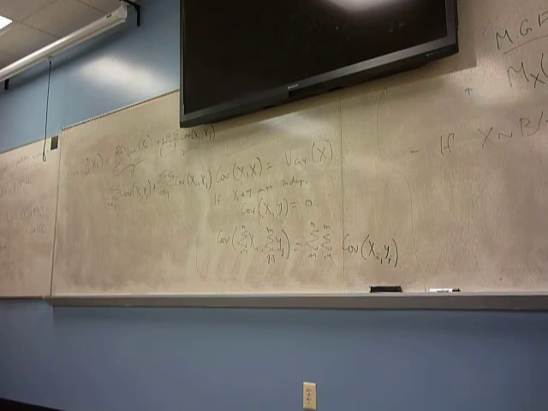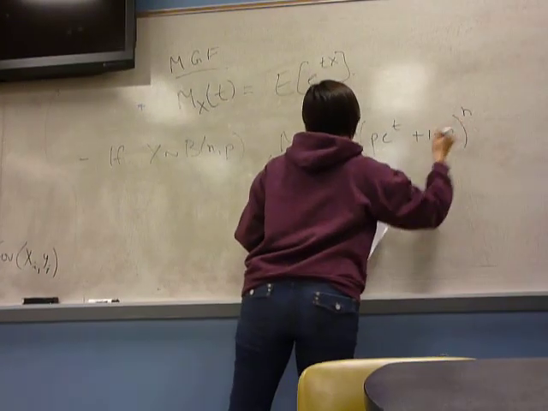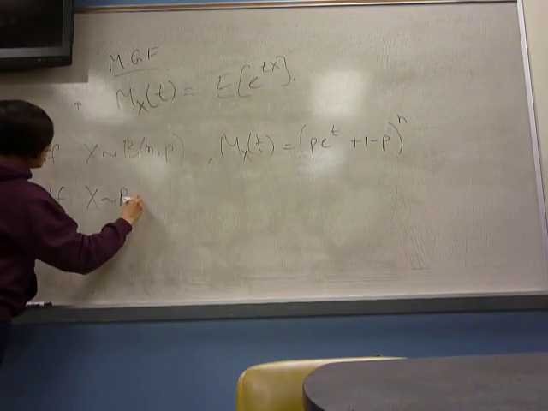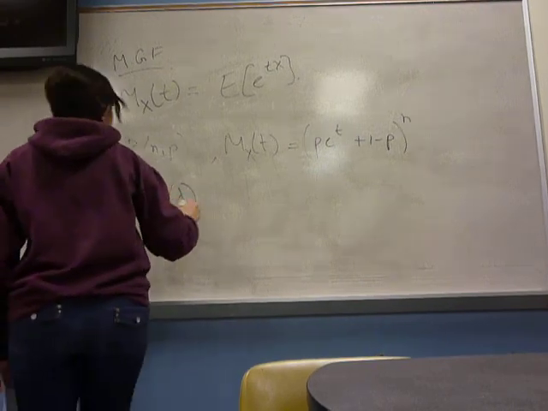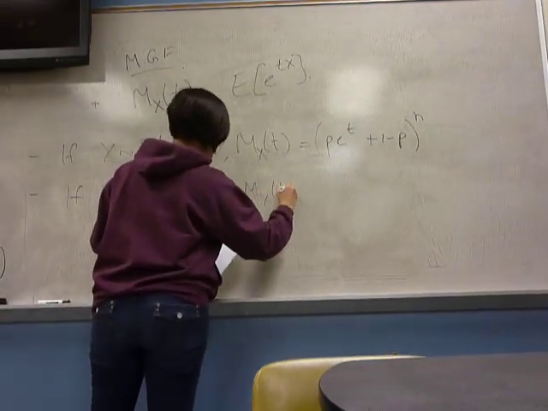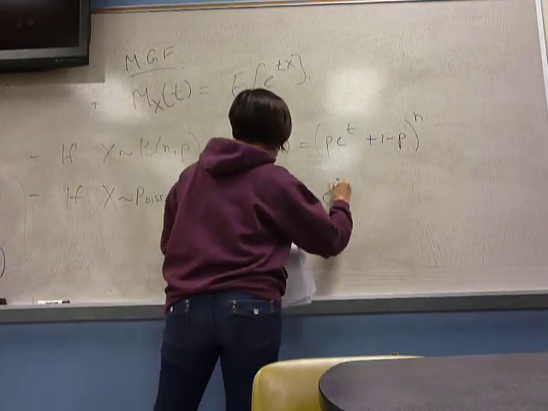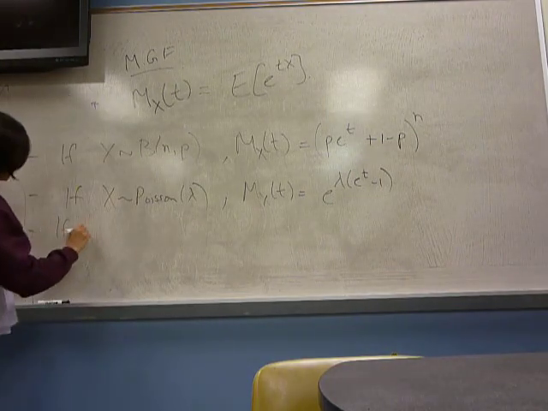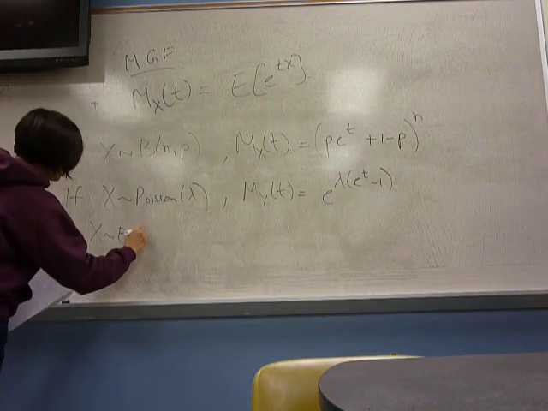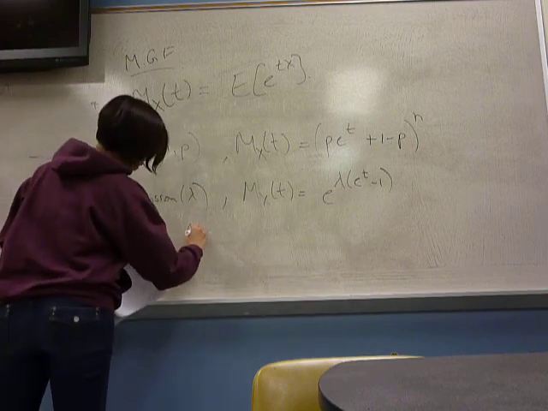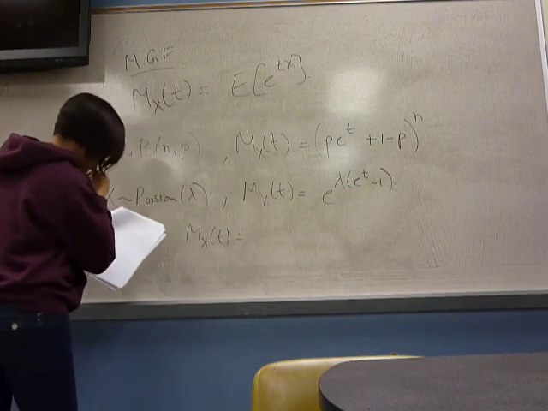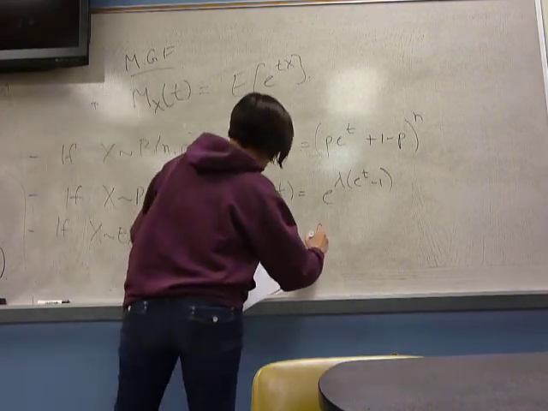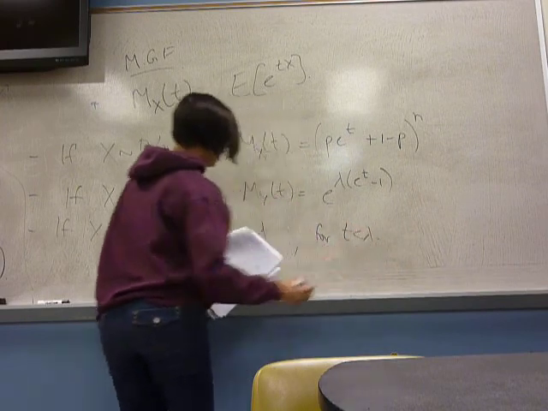For binomial, it's (p e to the t plus 1 minus p) to the n. If x is Poisson with parameter lambda, then the moment generating function is e to the lambda times (e to the t minus 1). If x is exponential with parameter lambda, then the moment generating function is lambda over lambda minus t, and this is only defined for t less than lambda.